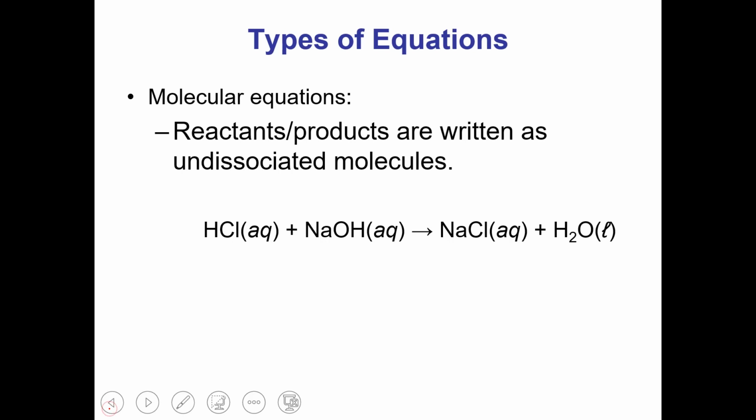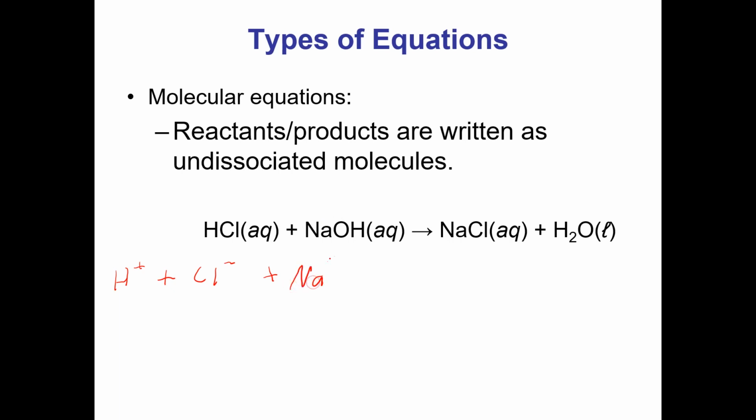So if we go back to this equation, everything that is in solution, we're going to write as its ions. So for example, HCl, that's aqueous. So in solution, that would be H plus and Cl minus ions. Sodium hydroxide is the same way. It's in solution, it's aqueous. So in solution, we would not see sodium hydroxide molecules.